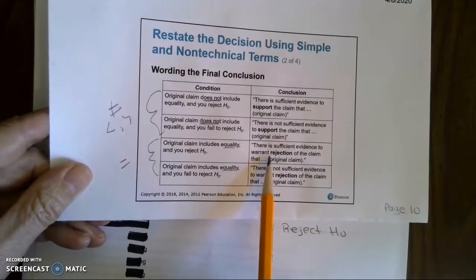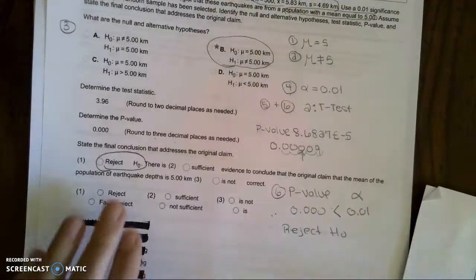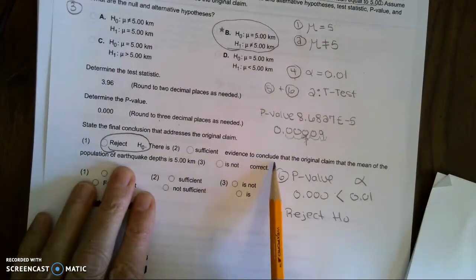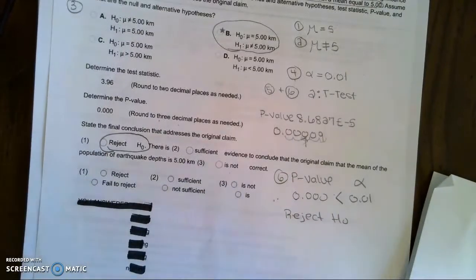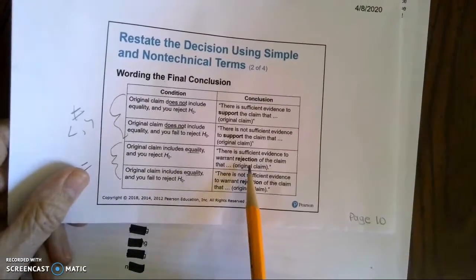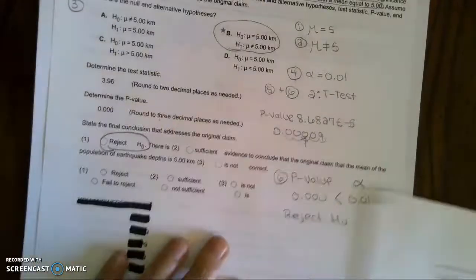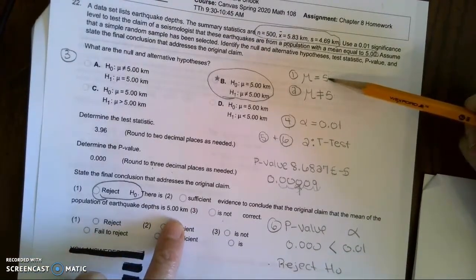So it should be there is sufficient evidence to warrant rejection of that claim. So there's sufficient evidence to conclude that the original claim of the mean is not correct. They said it a little bit differently, but it's the same thing here. You're saying you reject the original claim. This is the original claim. This is saying that this claim is not correct.